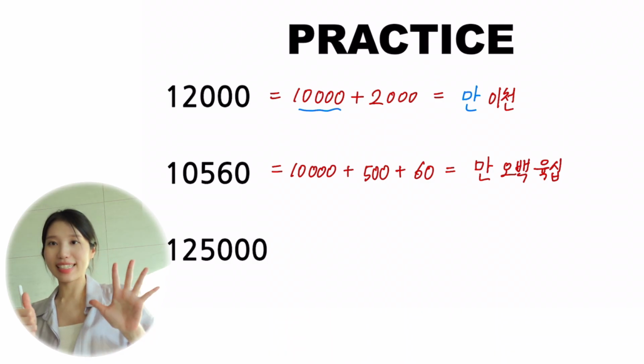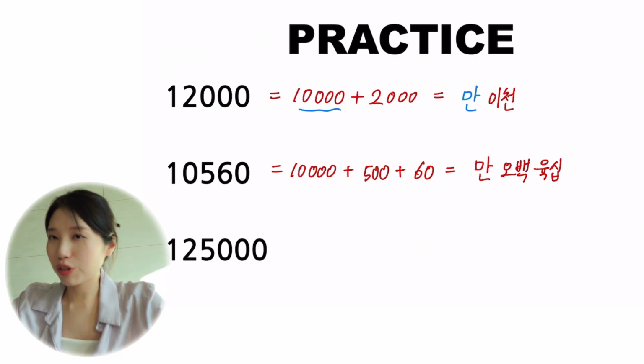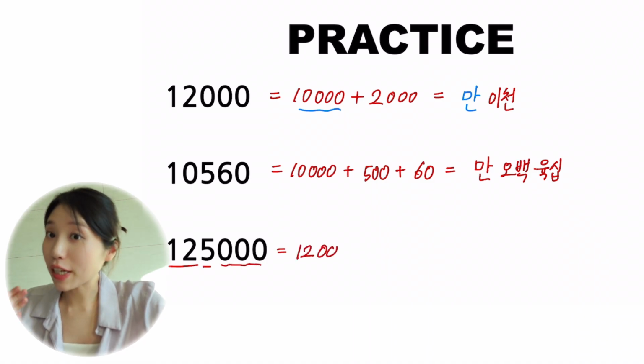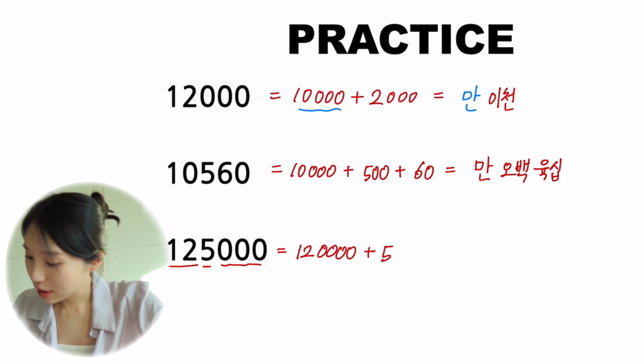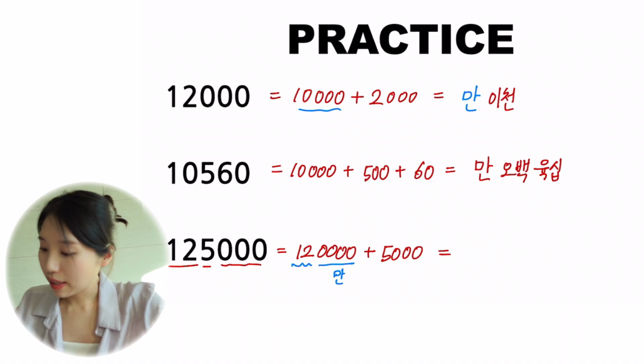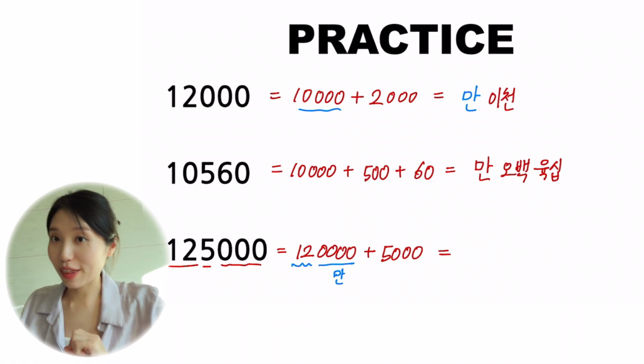Wow, it's 6 digits. Let's just remember those 3 units: 100, 1,000, and 10,000. If we cut it, it's 12 ten-thousands, which means 120,000, plus 5,000. Okay, so just the same rules. 10,000 was 만, and there are 12 ten-thousands.